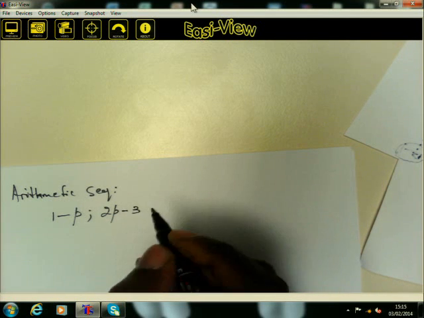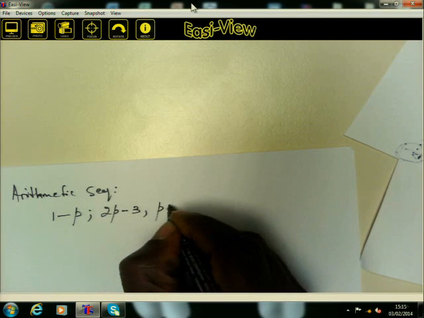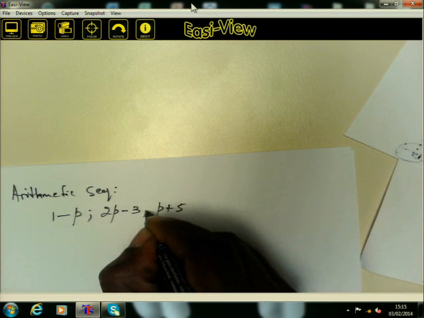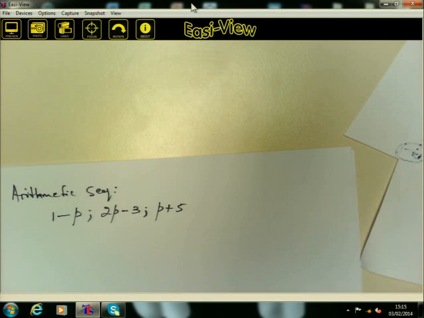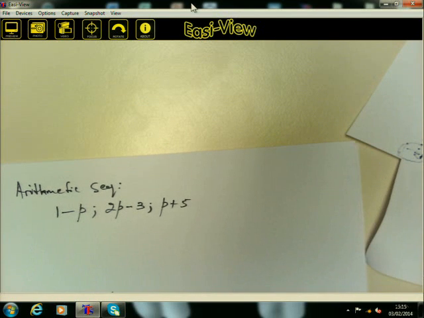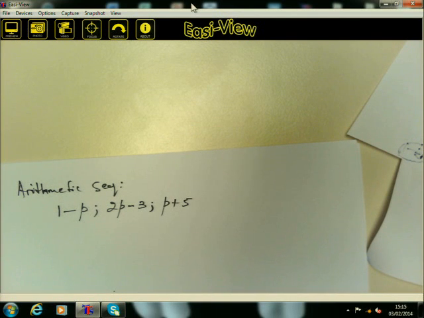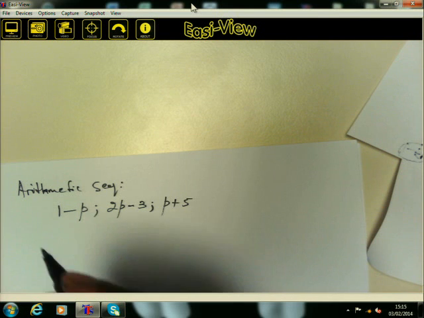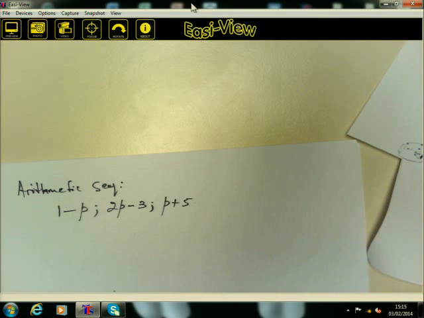For an example, we can have the sequence, which is still an arithmetic sequence, given as 1 minus p, 2p minus 3, and then p plus 5. We can have that as a sequence. It is arithmetic. Then the first question that we would have there will be, find the value of p.